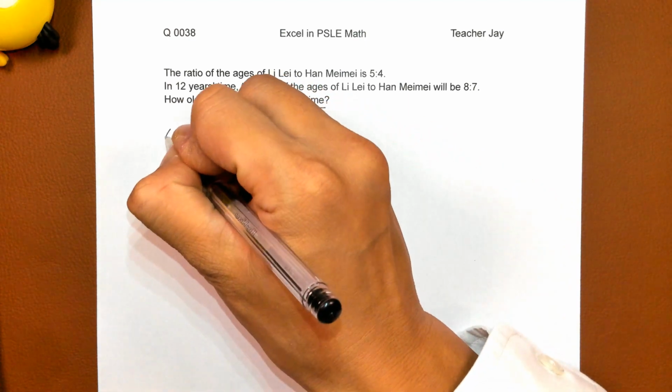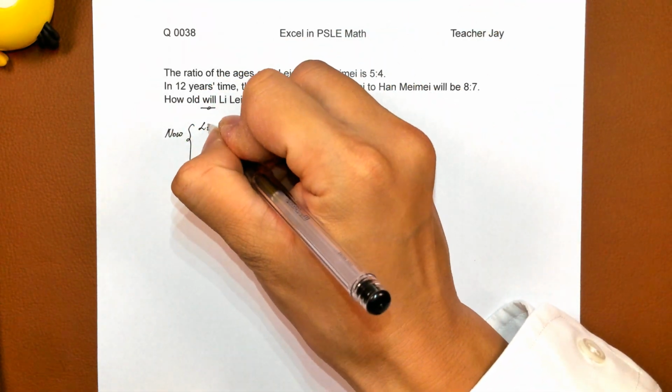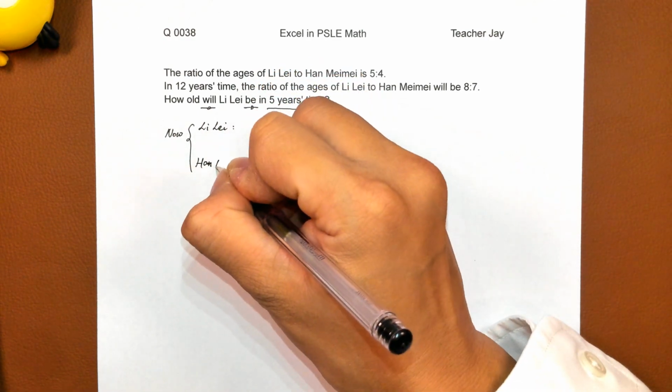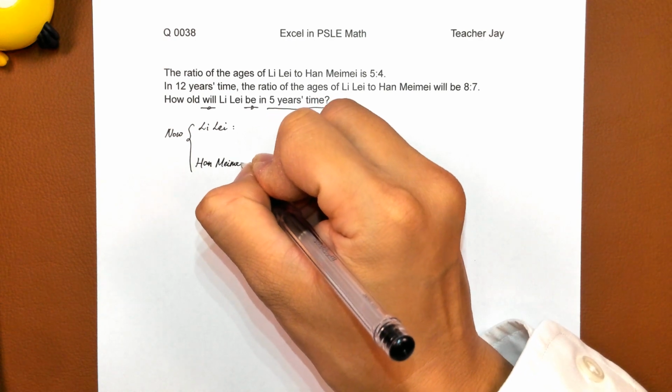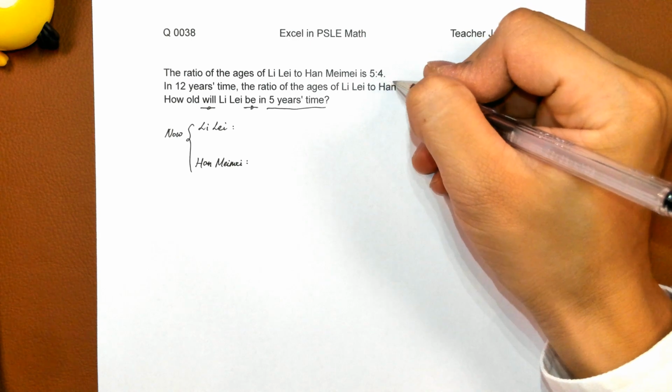So now, Li Lei and Han Mei Mei's ages are in the ratio of 5 to 4.